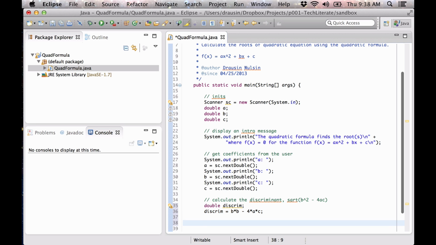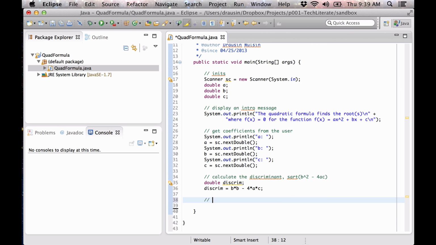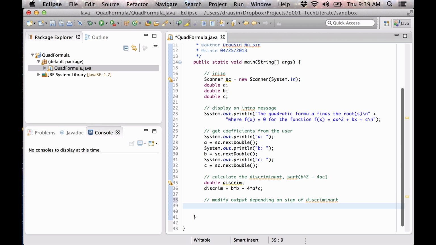And okay, so now we're going to modify output depending on the sign of the discriminant. I hope I'm spelling discriminant right. I don't know. Okay, so what are our 3 cases here?